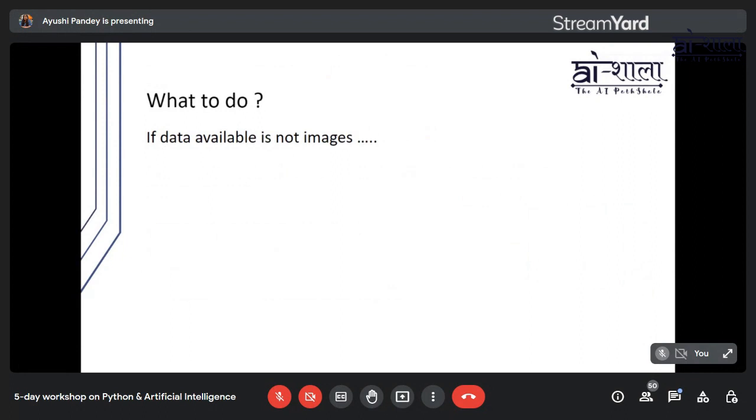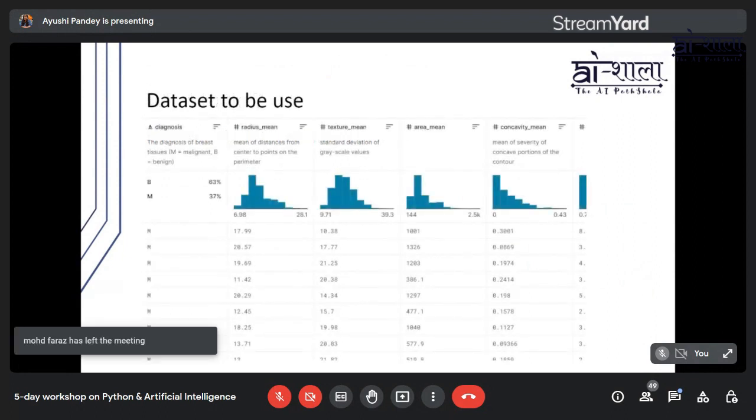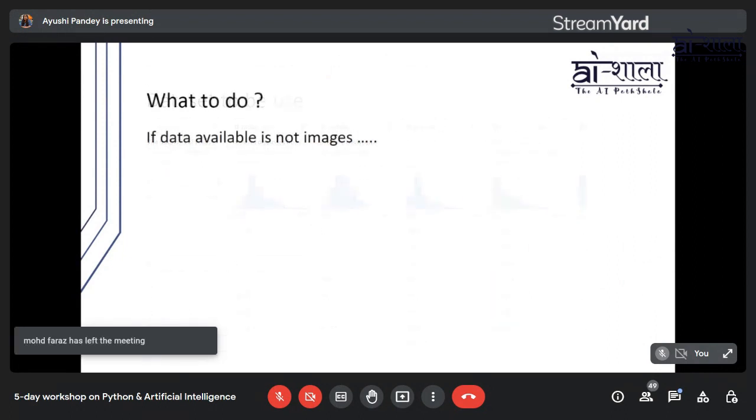So what to do if the data available is not images? My problem statement is that I want to help a doctor.